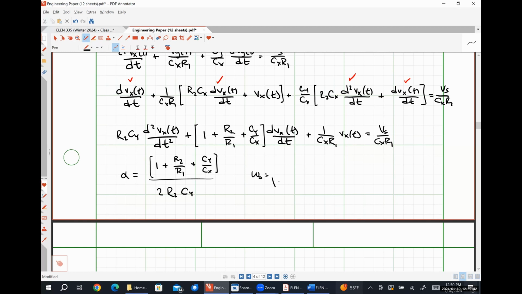Omega naught should be the square root of 1 over R1, R2, CX, CY. Or this guy right here is just 1 over CX R1 multiplied by 1 over R2 CY.